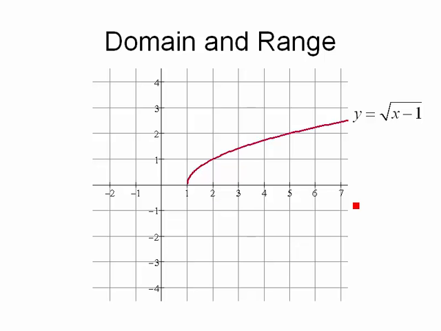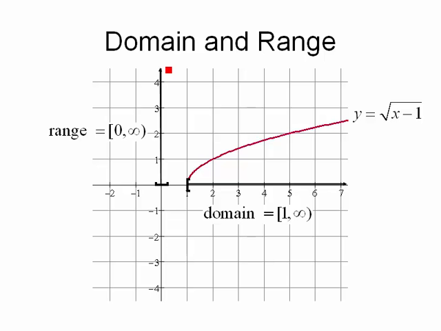So that defines the horizontal extent, and so my domain is 1 to infinity, and it includes 1, so I put a bracket on the left-hand side. Now, at the same time, the vertical extent starts at 0 and goes up. So that tells me that the range of this is 0 to infinity, and because it includes 0, we put a bracket there. So that gives me my domain and range.